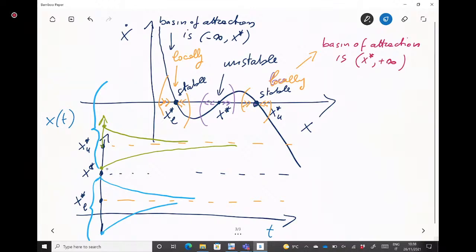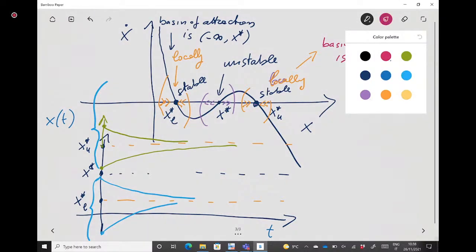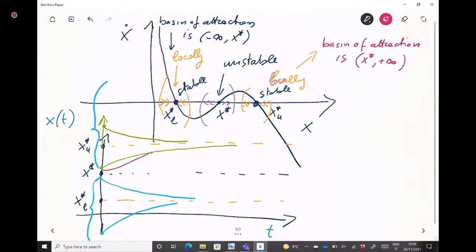I'm not sure at all that this path is like this, or maybe, I don't know, maybe like this. But what matters is that it will start and it will converge towards this upper steady state. It can increase with different types of concavity, convexity, I don't know, because this is just qualitative analysis. Okay.